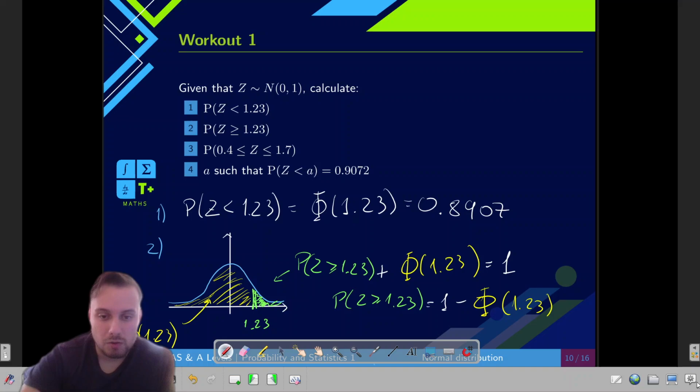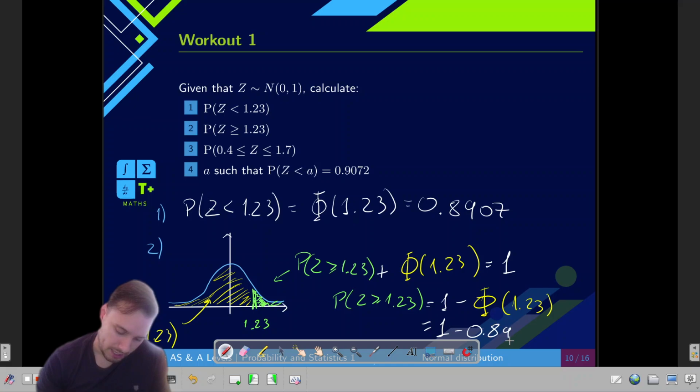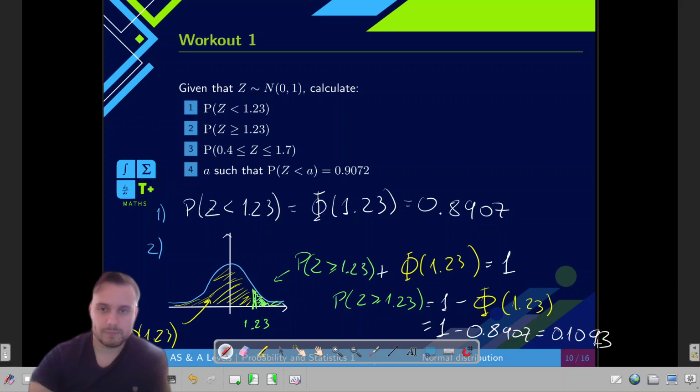So how do we calculate this? Well, this is quite straightforward now, because the only thing we need to do is take 1 minus 0.8907, and this is equal to 0.1093.